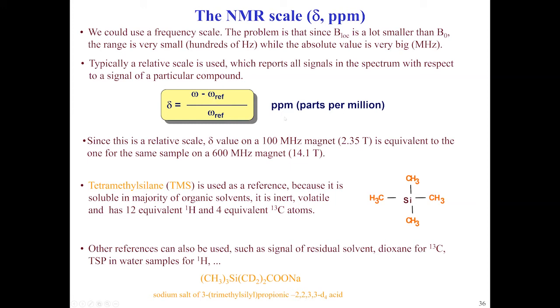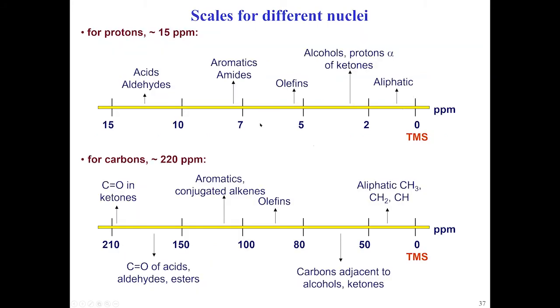So you have ppm, parts per million. And this becomes transferable. What you need is a reference, an agreement, and typically this is the molecule tetramethylsilane, which we add a little bit of in solution. Any difference in signal position with respect to this molecule that we all use, nowadays done by computer of course, will be expressed in the ppm scale.